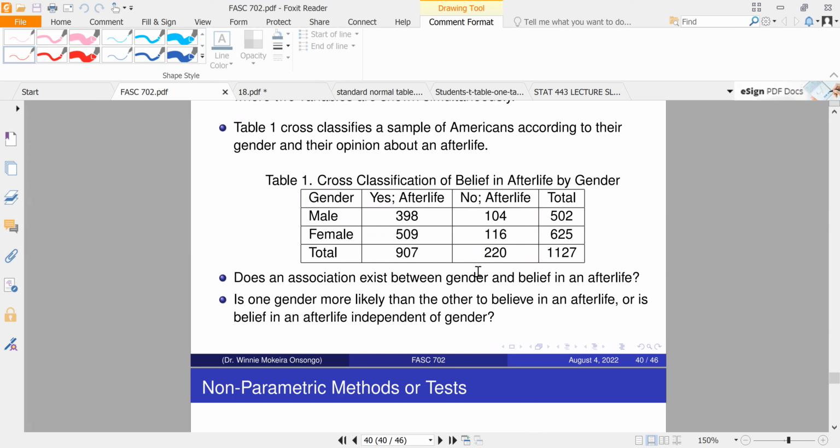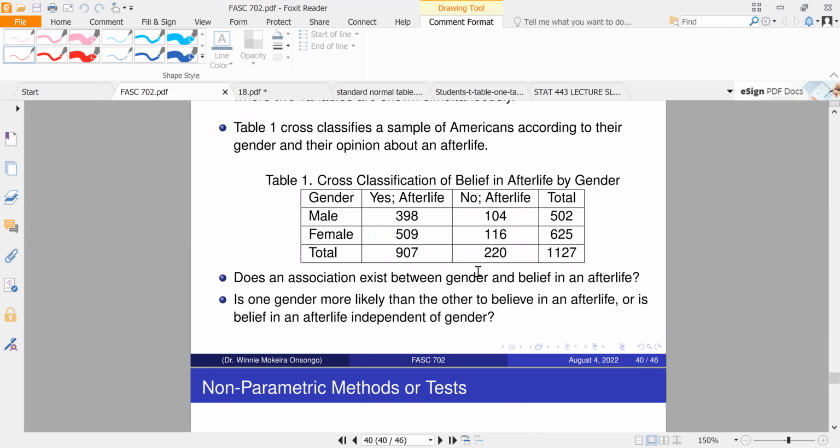Now, all these will be defined based on your objectives. And that is why I'll go back and say that how you define your objectives is very important, because from your objective, you can tell whether you are going to use parametric tests or non-parametric tests.